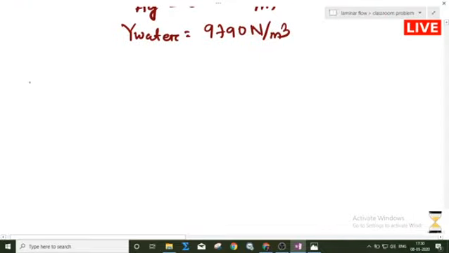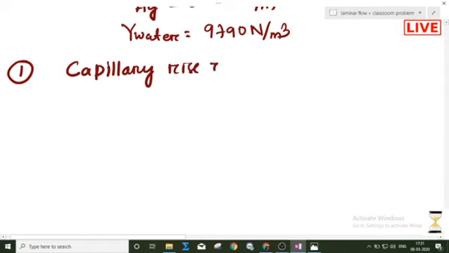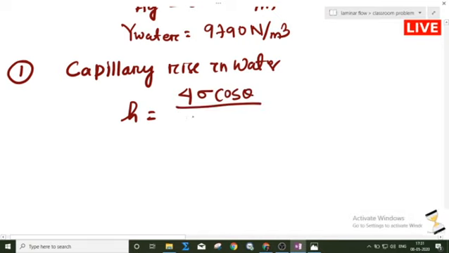Fluid mechanics is only a problem-oriented subject. So we have to find out first the capillary rise in water. So this h will be equal to 4 sigma cos theta by rho g, I can write this as the specific weight of the water, into d.